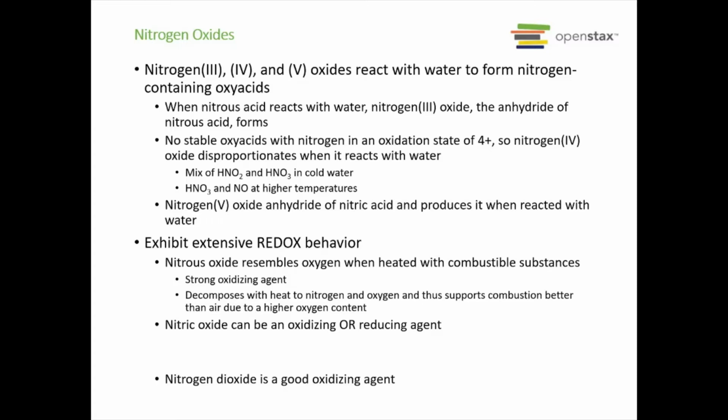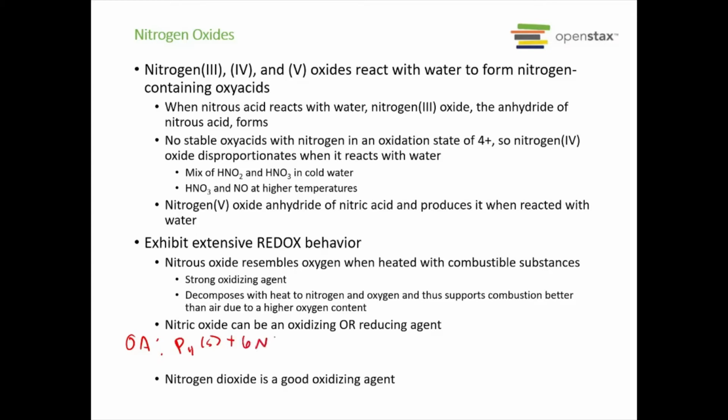Nitric oxide can act as either an oxidizing or a reducing agent, depending on what it's being reacted with. For instance, it can be an oxidizing agent. Here's an example, reacting it with P4 phosphorus.